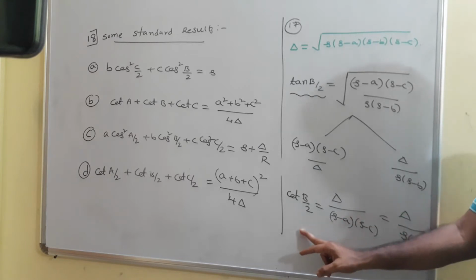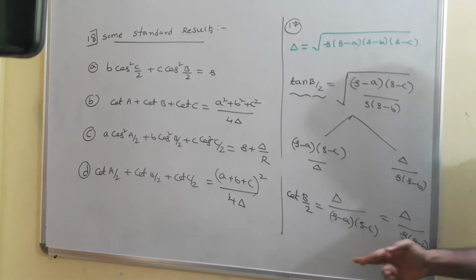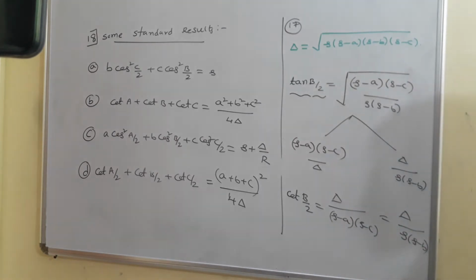And if you need cot B by 2, which is the reciprocal of tan B by 2, just take the reciprocal, then it becomes delta by s minus a into s minus c, as well as delta by s into s minus b. Similarly, we can express tan C by 2 also. There ends this 17th point, and then we need to prove those standard results from 18.